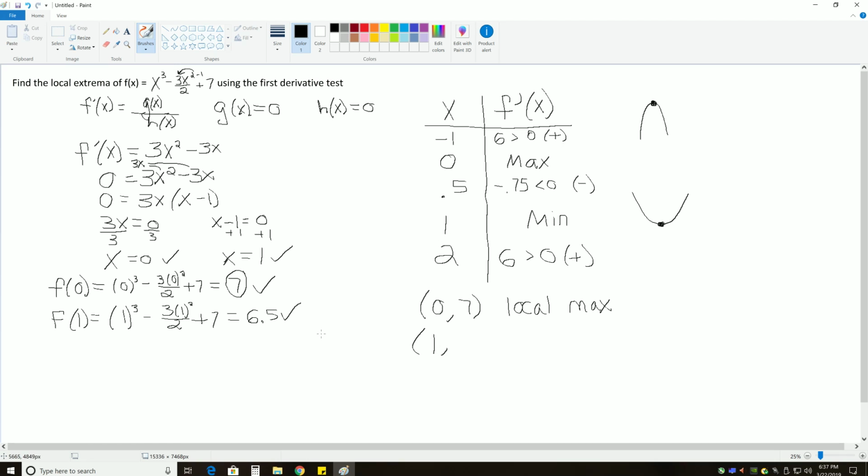So we have (1, 6.5), which is a local minimum. And these are the local extrema or relative extrema given the function x cubed minus 3x squared over 2 plus 7.